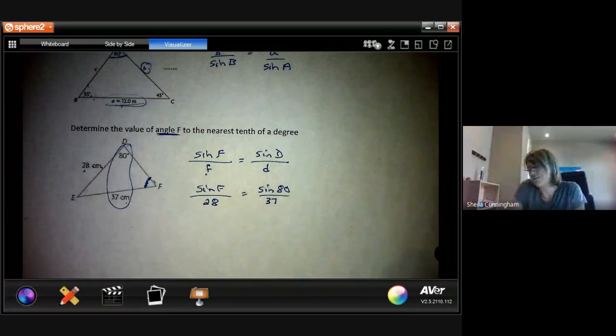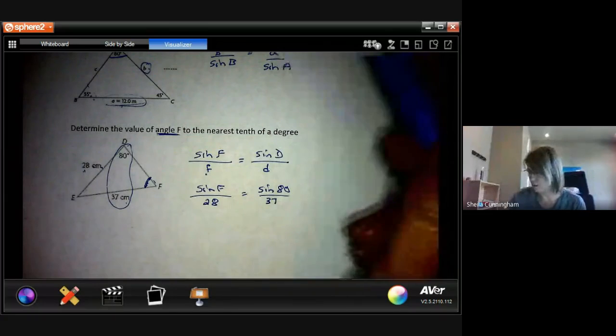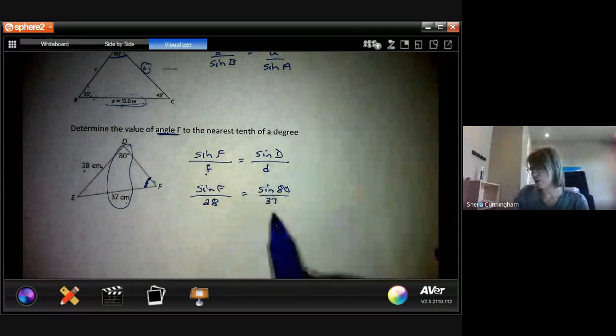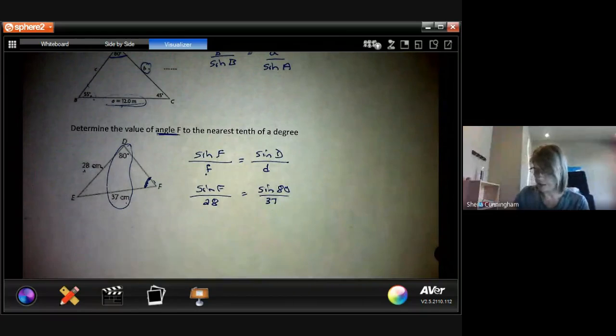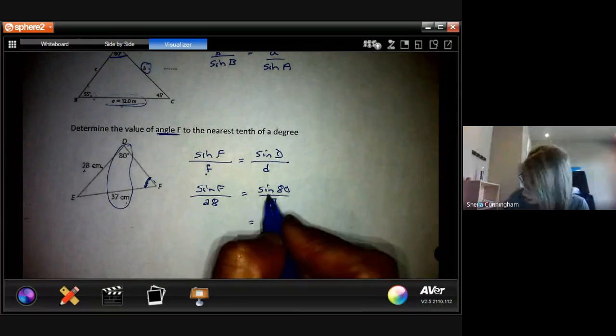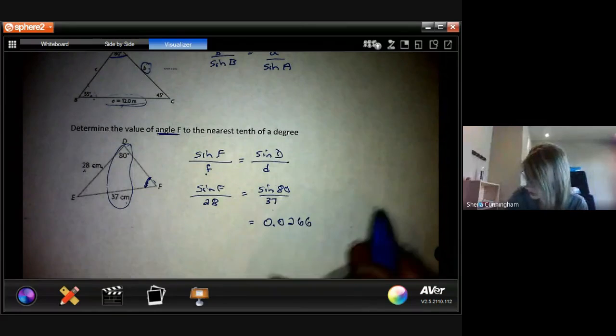So there's lots of ways to figure these out. Like I used cross multiplying on the top question. We can look at this and go, well, I could figure out what the sine of 80 divided by 37 is, and I could go sine of 80, get an answer, and then divide it by 37. And I would find out that this whole side is 0.0266.